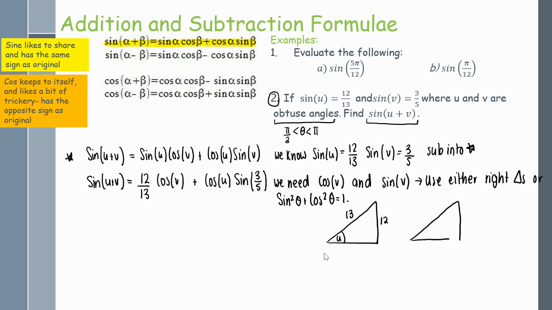I also can draw another triangle where sine v is 3 over 5, so opposite is 3, hypotenuse is 5. Now I can use Pythagoras to work out the missing adjacent side length. So I'm going to find x, and I'm also going to find y in these two diagrams.